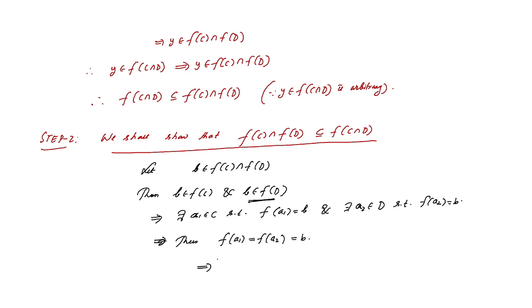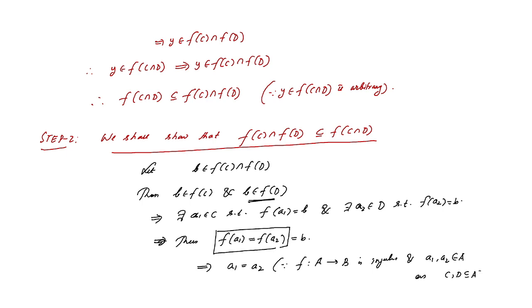Now, since f is injective, f(x1) equals f(x2) must imply x1 equals x2, and x1, x2 both belong to A as C, D are subsets of A. So what we conclude is that we take x1 equals x2, equals x, say.